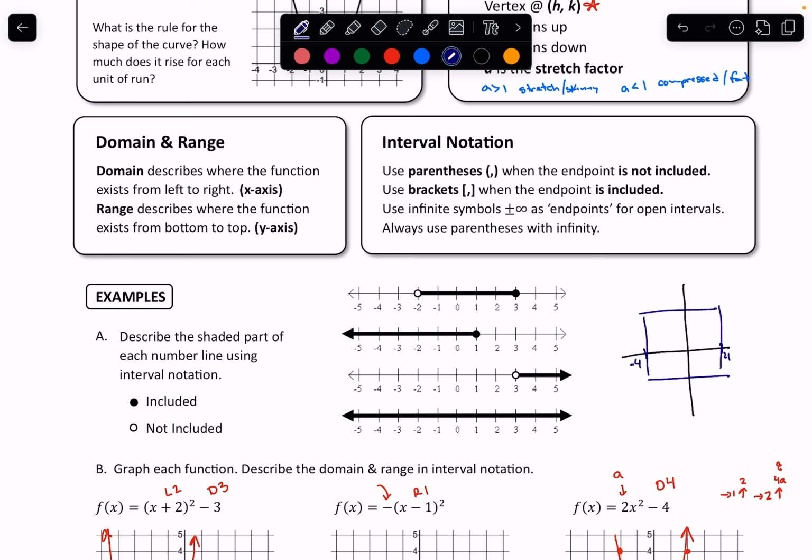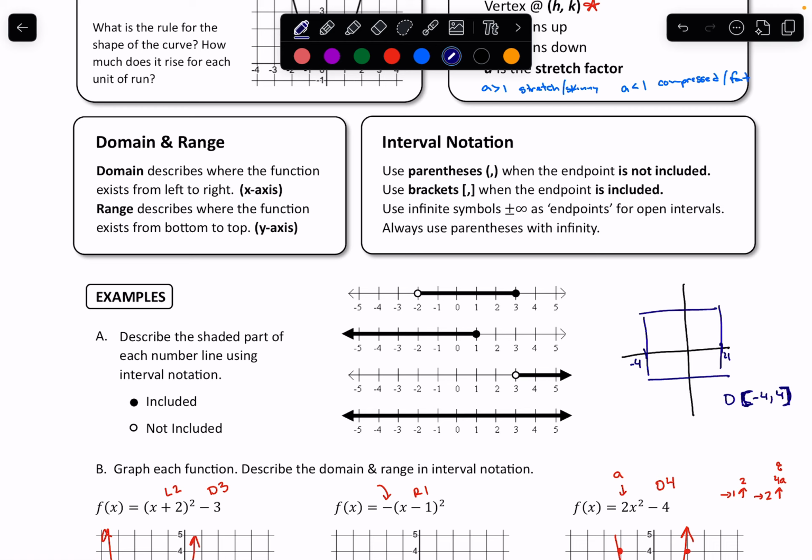Well, my function goes to the left, but it only goes to the left until I get to -4. And then it only goes to the right to positive 4. So my domain isn't infinity to infinity. Actually, because it reaches the 4s, I should use brackets, right? My domain stops at negative 4 and it stops at positive 4.